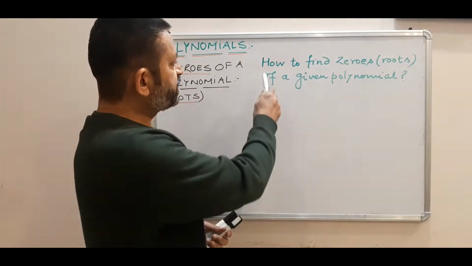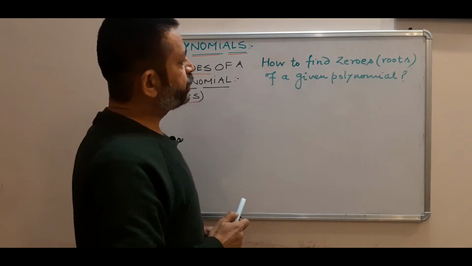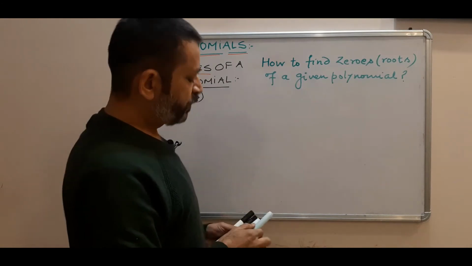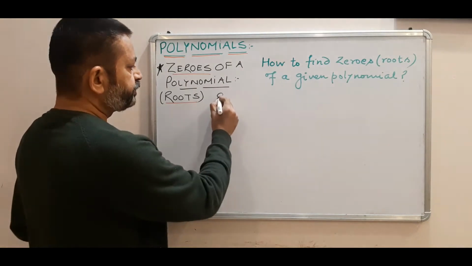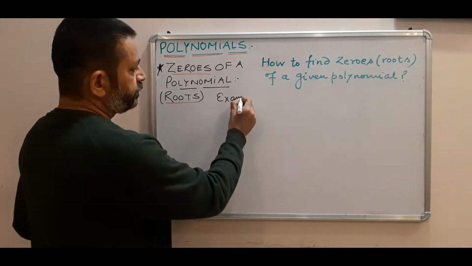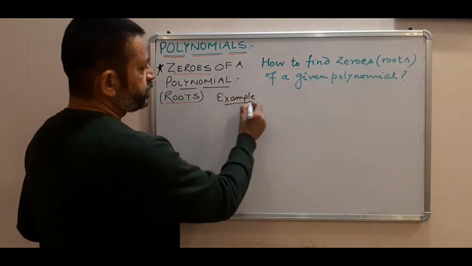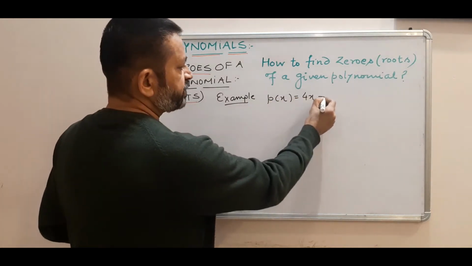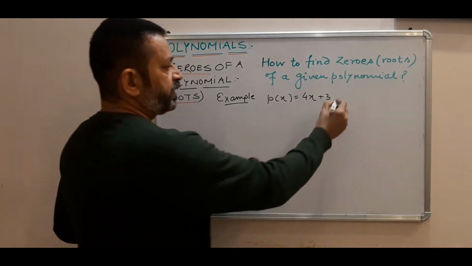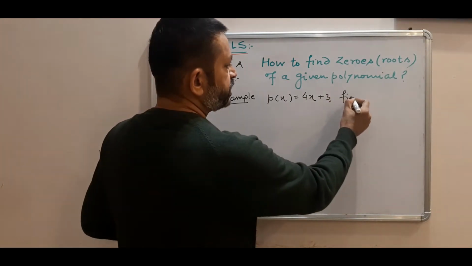Now look at this part: how to find zeros or roots of a given polynomial. For this we will consider one example. Suppose we are given one polynomial p(x) as 4x plus 3 and we have to find its zero.